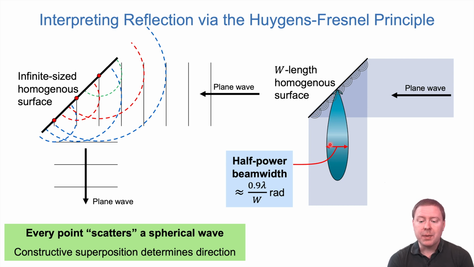So the half-power beamwidth can be measured, and the typical formula is 0.9 times λ divided by W. So the larger the surface is, the interval here in terms of radians, so angle, where we have a strong signal will become smaller and smaller the larger W is. And when W goes towards infinity, we get this result here that is only going in one direction as a plane wave. But in general, a surface will reflect the signal and spread it out.